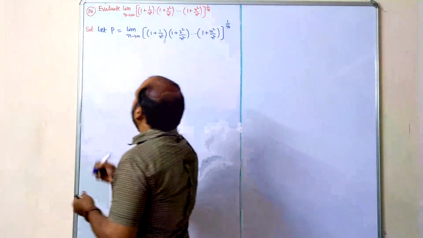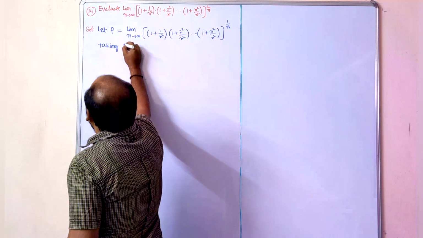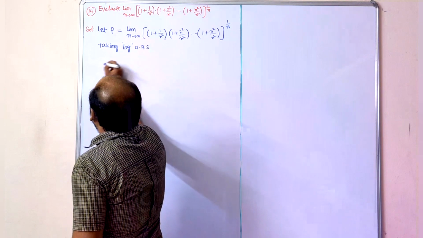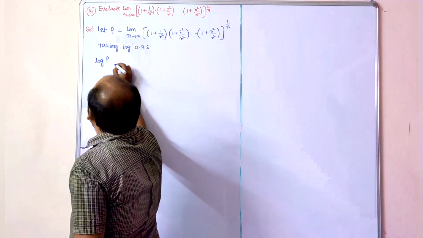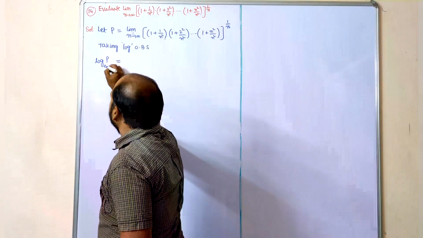Taking log on both sides. So it will become log p, that is equal to, log means log to the base e always.